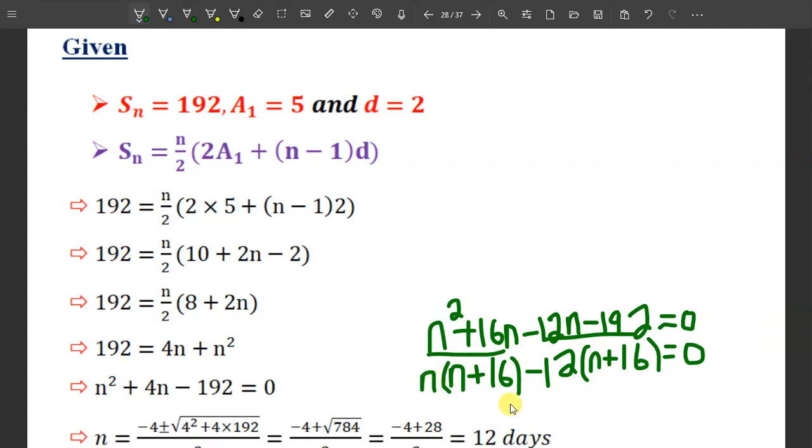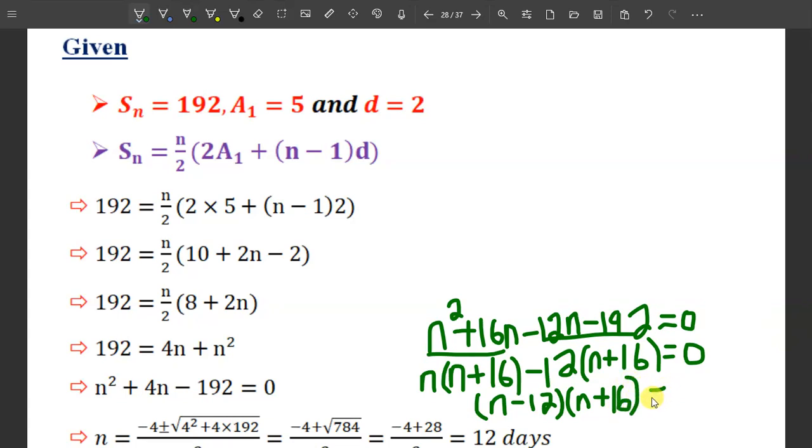Collect the factors together, it becomes n minus 12 times n plus 16 is equal to 0.